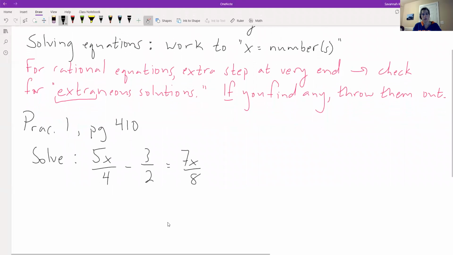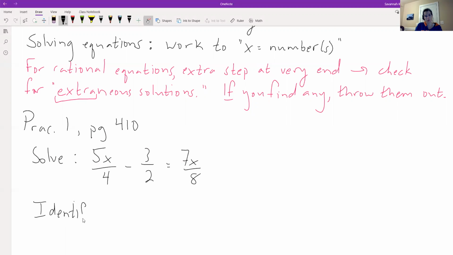Okay, so the way to do this is, unfortunately perhaps, although it's not too bad in this particular problem, we have to identify the LCD, because our goal is going to be here. I'm going to put that.